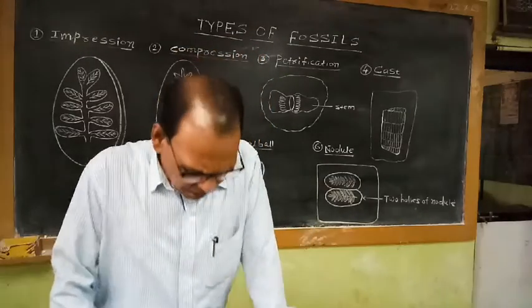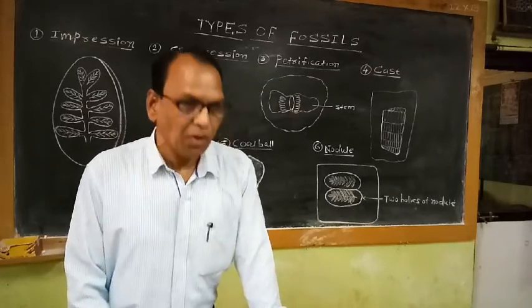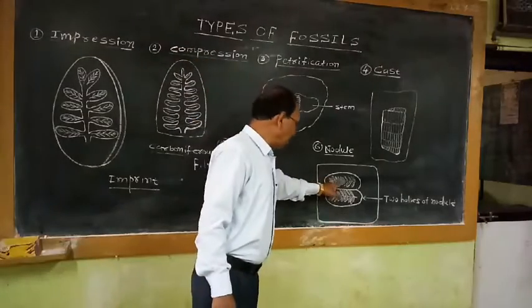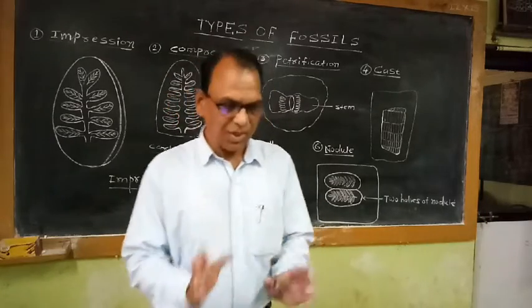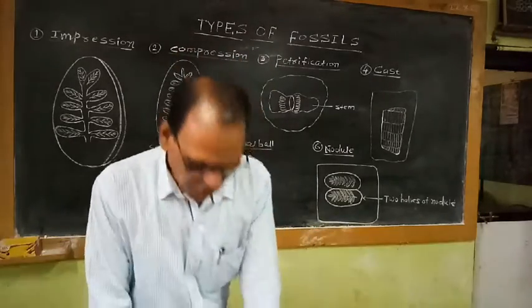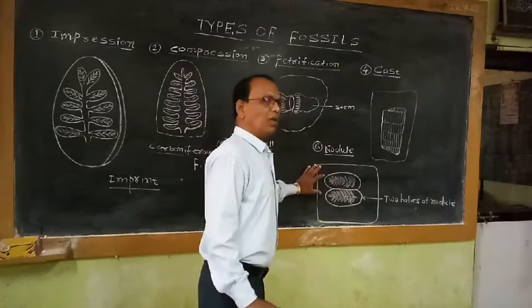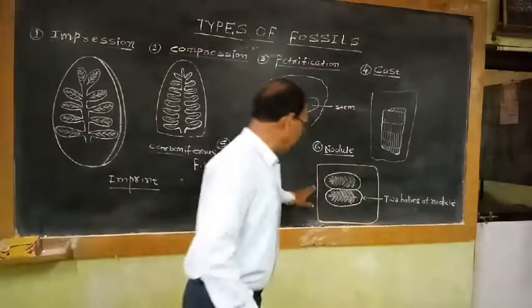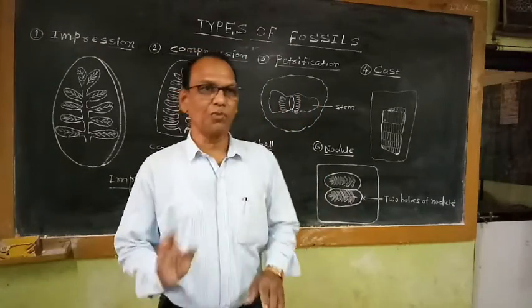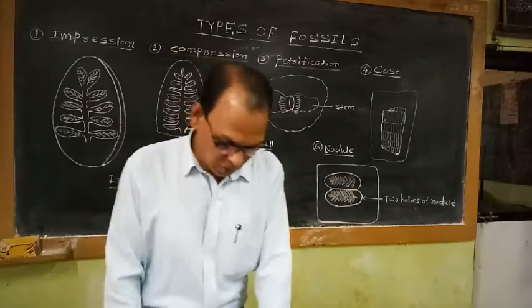Then this material is seen only when? The impression or compression material is seen if we split open this nodule. If we split open the nodule, then and only then can we observe the impression or compression of the plant fragment which is preserved in these nodules.